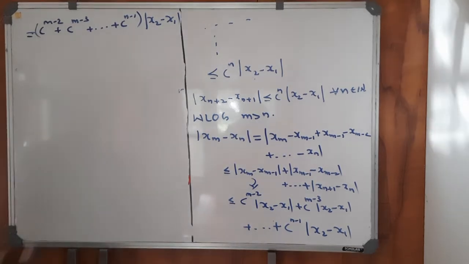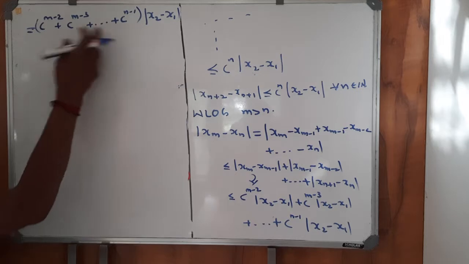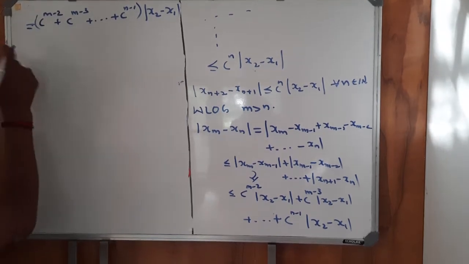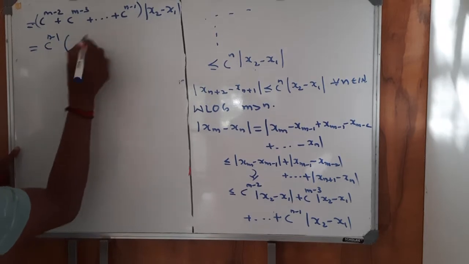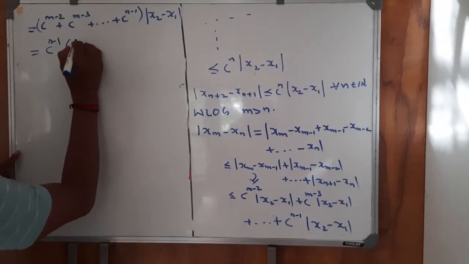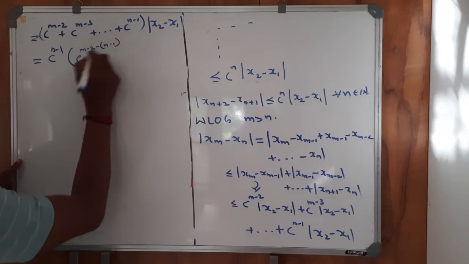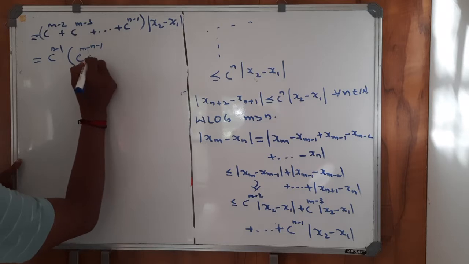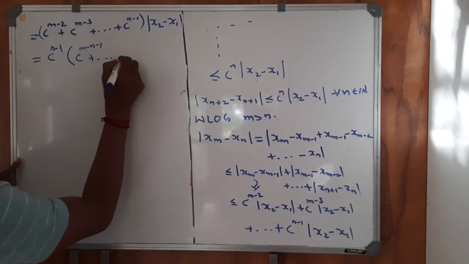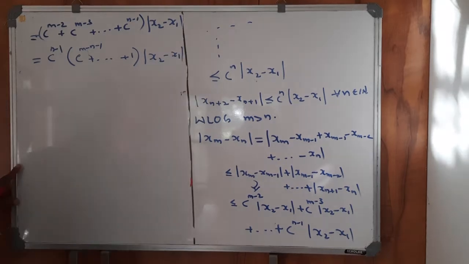Now observe that this is a sum of a finite number of terms of a geometric series. This is equal to c raised to n minus 1 into, so c raised to m minus 2 minus n minus 1, so m minus n minus 1 plus etc. plus 1 into modulus of x2 minus x1.